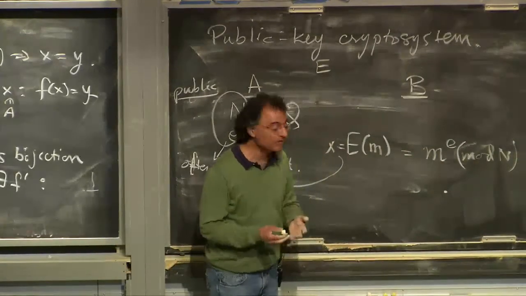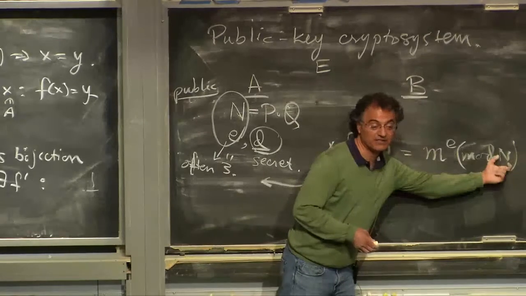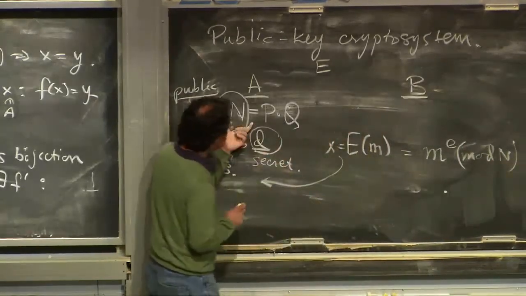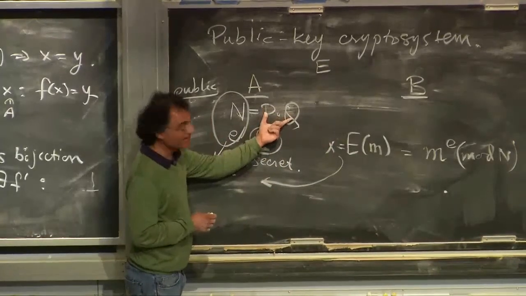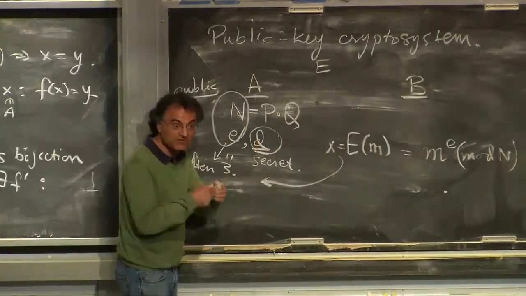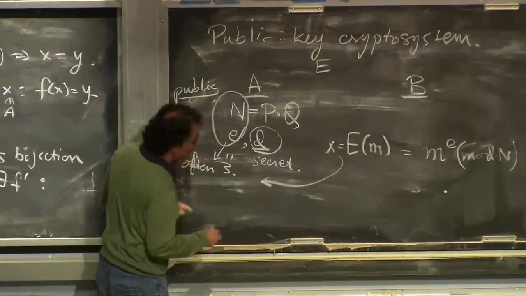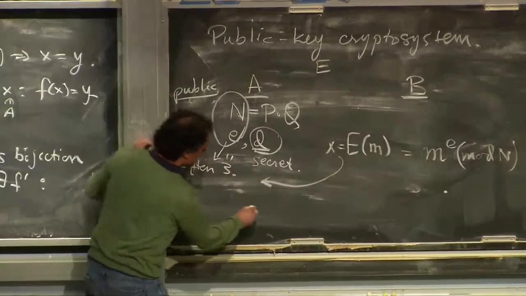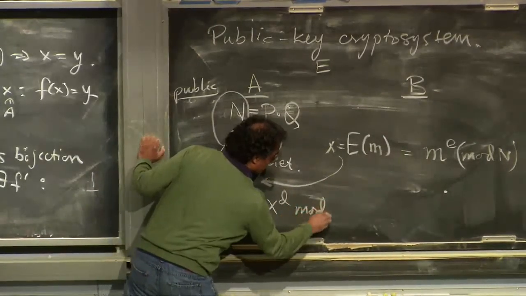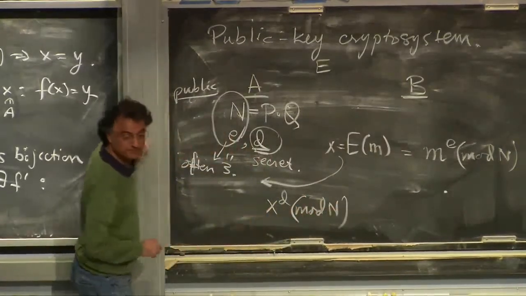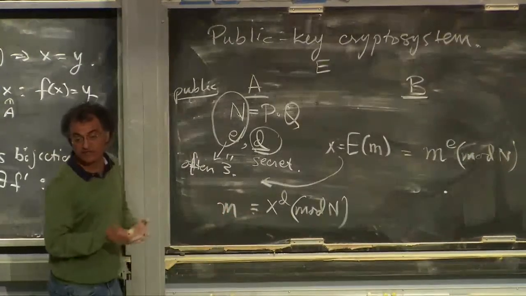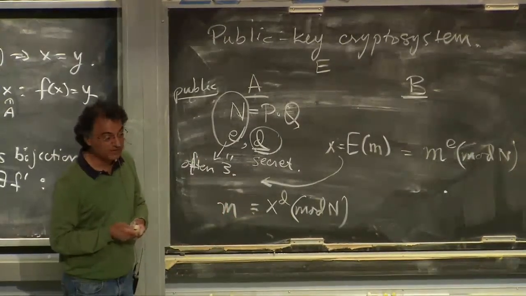As far as we know, in order to do this, you actually have to factor N. She doesn't know the factors of N. But Alice knew the factors of N, and she was clever enough to figure out this decryption exponent D, which makes use of the factors of N. So now all she has to do to recover the message M is take X and raise it to the power of D mod N. This is something she can do easily. And lo and behold, she gets back M. And that's the message.